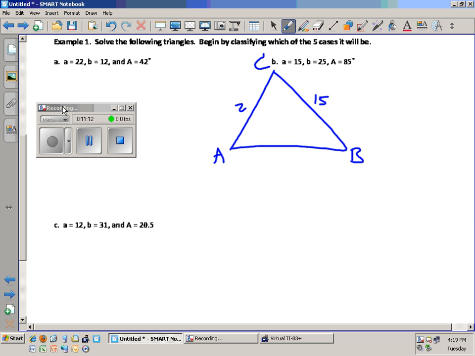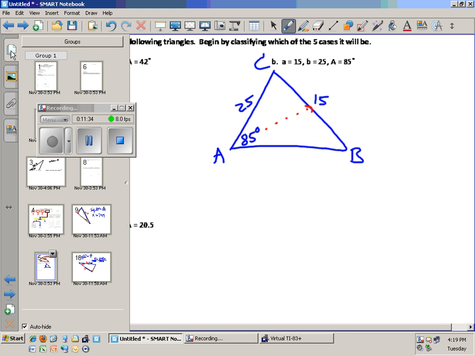B is 25. Angle A is 85 degrees. Notice, I have, again, angle, side, side. The opposite side, 15, is that longer or shorter than 25? It's shorter.